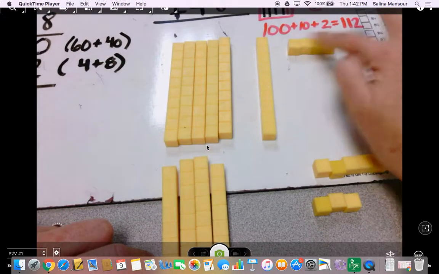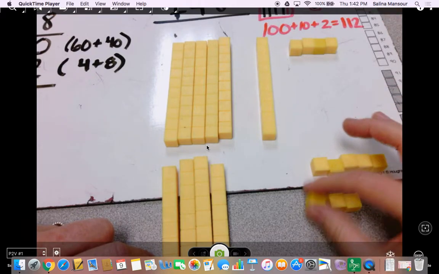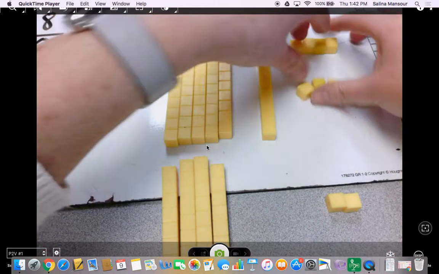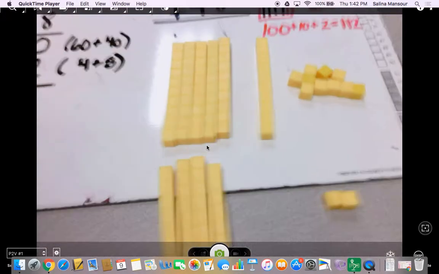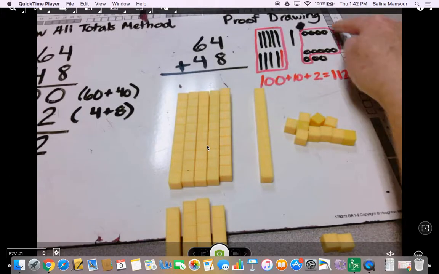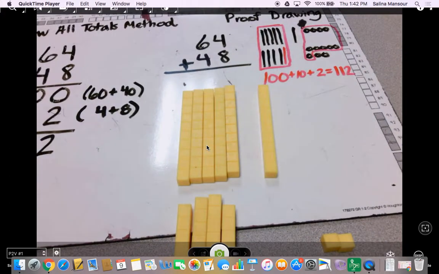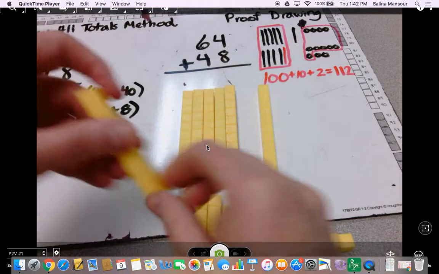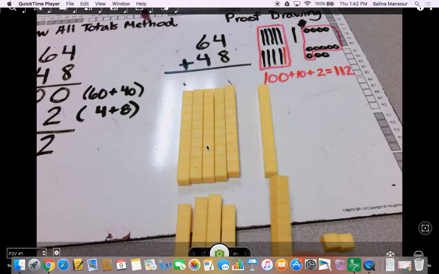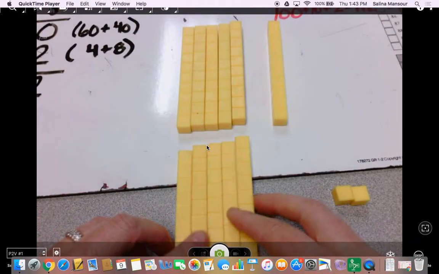Now I'm going to look at my ones. 1, 2, 3, 4, 5, 6, 7, 8, 9, 10. If I put all of these together, I just made a 10. Do you see here how we loop them all together? So I'm actually going to trade them out. I'm going to take them off of my board and replace it with a 10 stick. And I'm going to add that 10 here to the 40 so that I have 50.